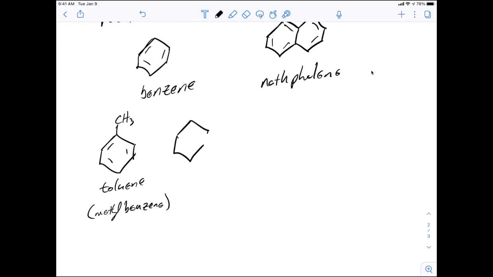If we add an OH to it, this is one that you'll see a lot in biological systems. This is phenol. Not as common unless you're in fragrance chemistry, but anisole.